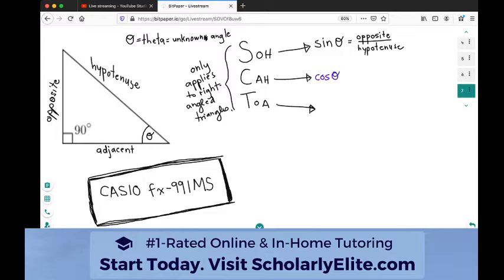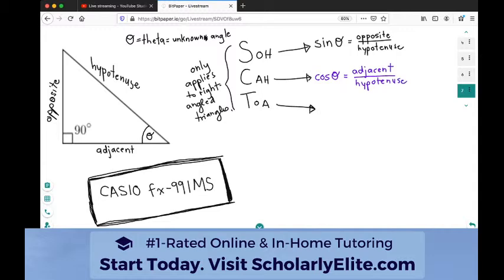Okay, so let's look at SOHCAHTOA. We've got sine as our first thing. In the cos identity, we have cosine of some angle is equal to the adjacent side length over the hypotenuse side length. Great.